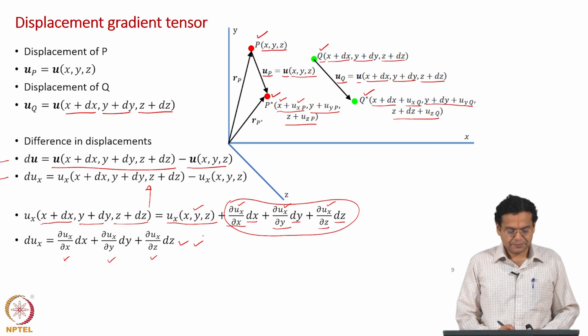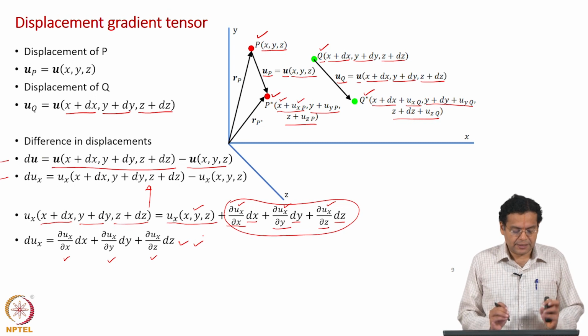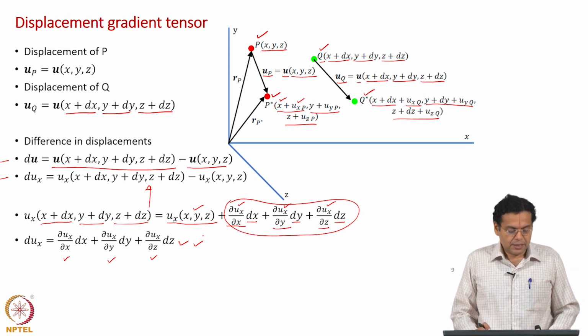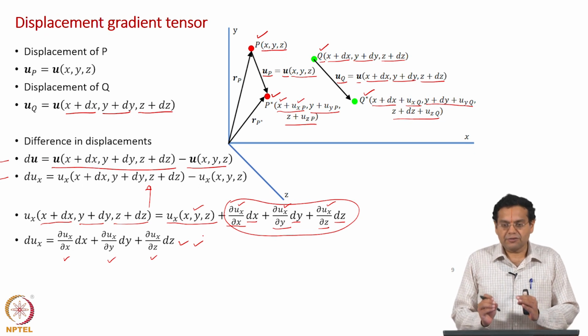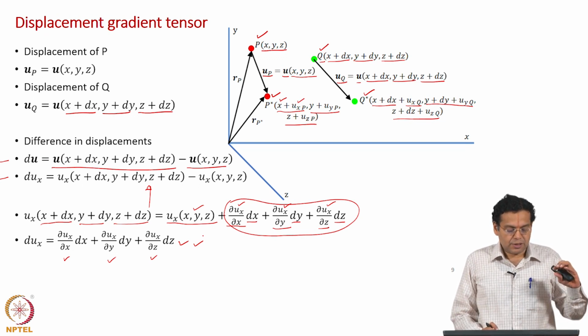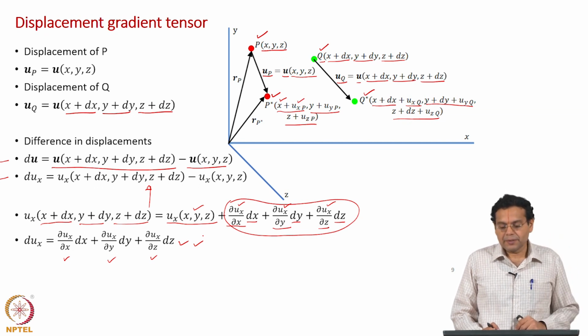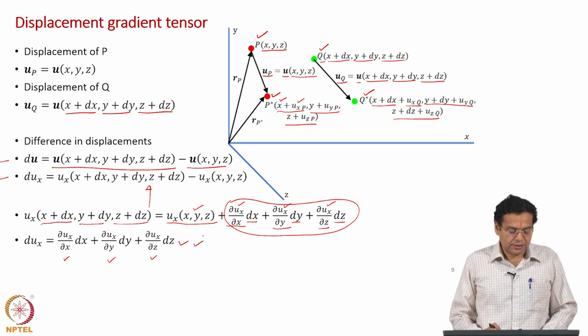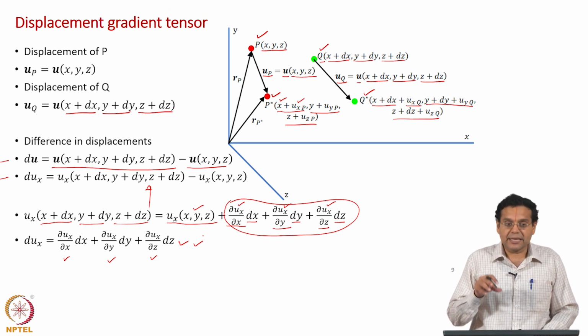Fine. Now, what is the significance of this expression? The left hand side, let us tentatively call the difference. The left hand side is the total difference in x displacement between q and p. The right hand side has been expressed as 3 different terms.